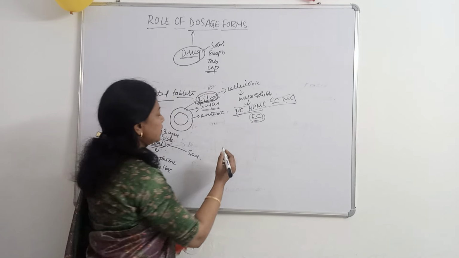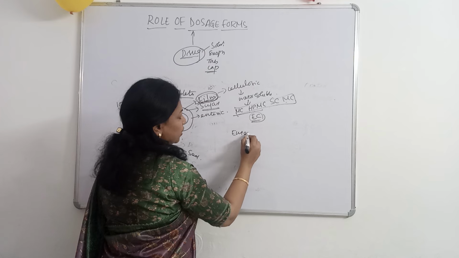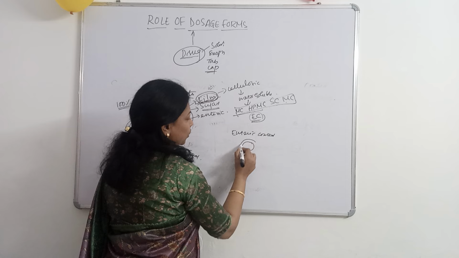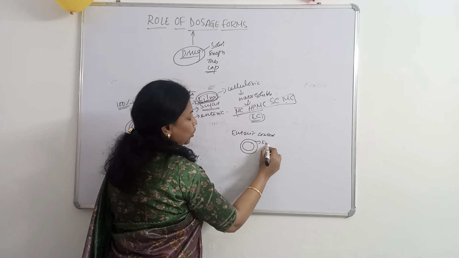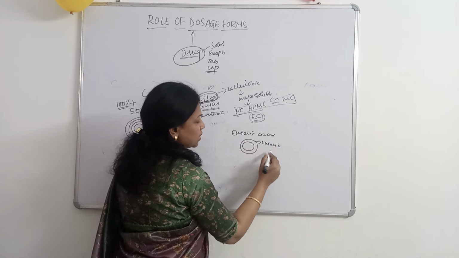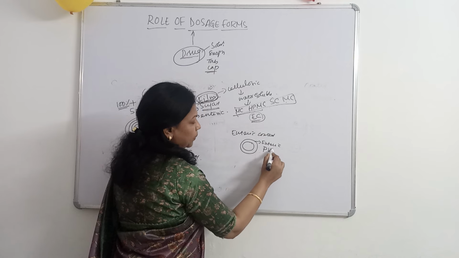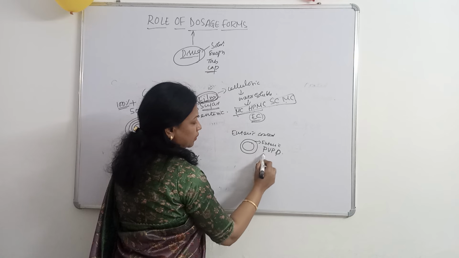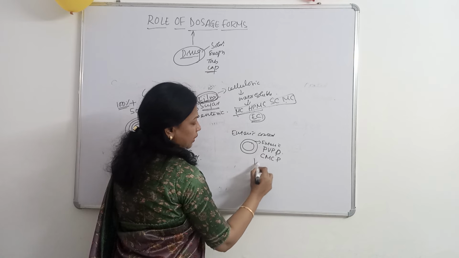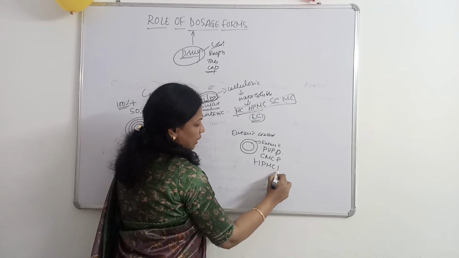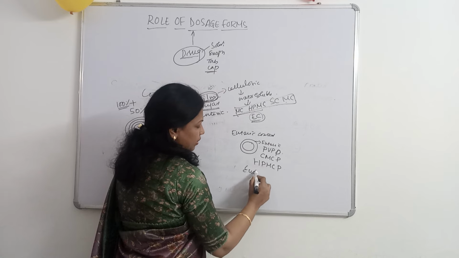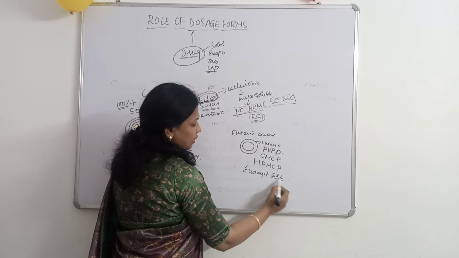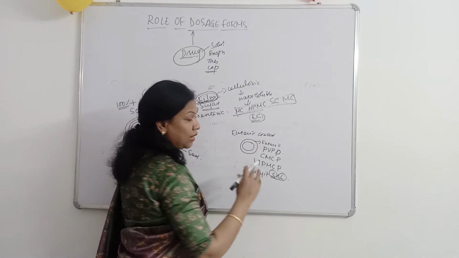And lastly, enteric coated formulation. Now what is an enteric coated formulation? This is coating of the tablet with enteric polymers. Examples of enteric polymers are PVP phthalate, CMC phthalate, HPMC phthalate, then Eudragit of grade S and L. Remember, S for small intestine, L for large intestine.